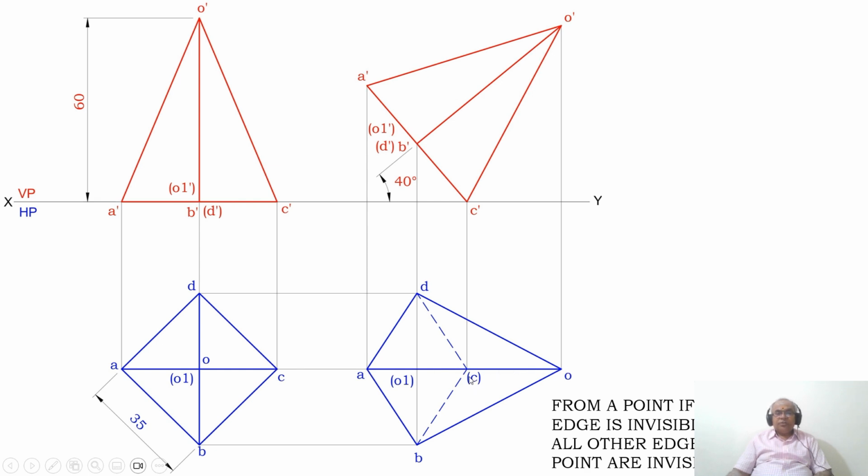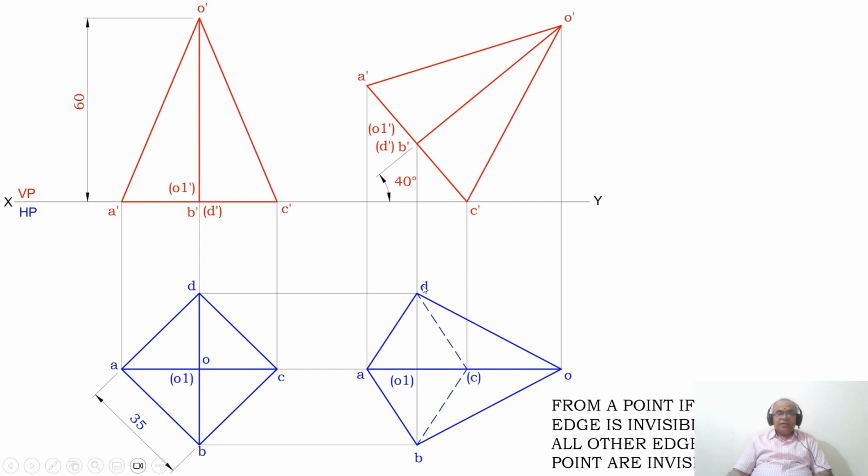Now, what happens to the points B and C, and also C and D? B is a visible point, C is an invisible point. Therefore, visible to invisible is invisible. Therefore, BC will become invisible. So what happens to CD?